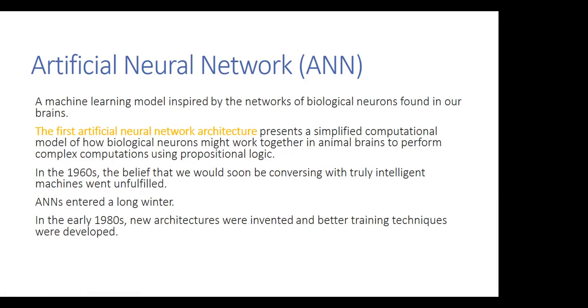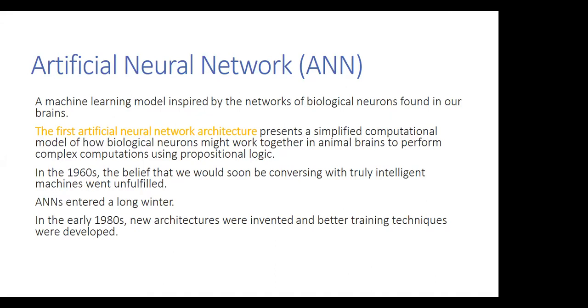In the 1960s, most researchers before that thought that they could soon be conversing with truly intelligent machines. But in the 1960s, this belief went unfulfilled. So ANNs entered a winter.